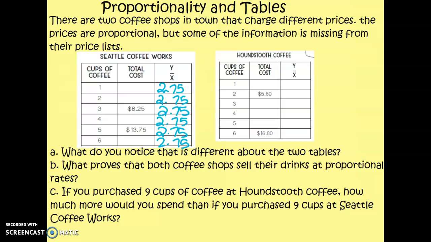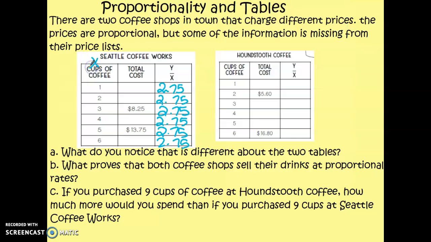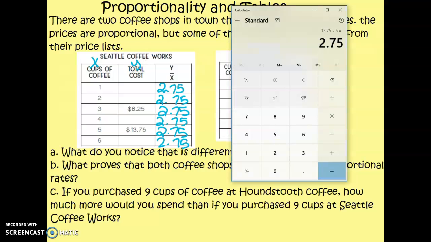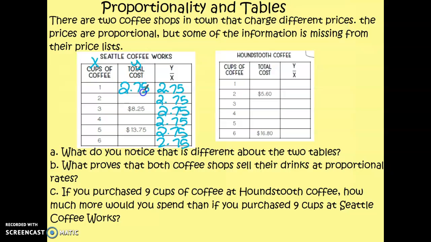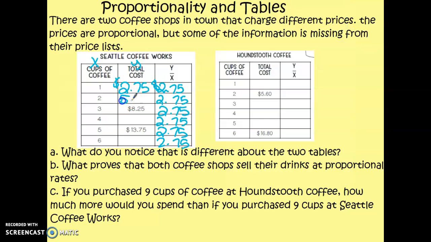Okay, and then what we have to do to find total cost is going to be to take that number and multiply it by those numbers in our x column. Okay, remember this is y, this is x. Okay, so $2.75 times 1 is still $2.75. Okay, 2 times $2.75, $5.50.